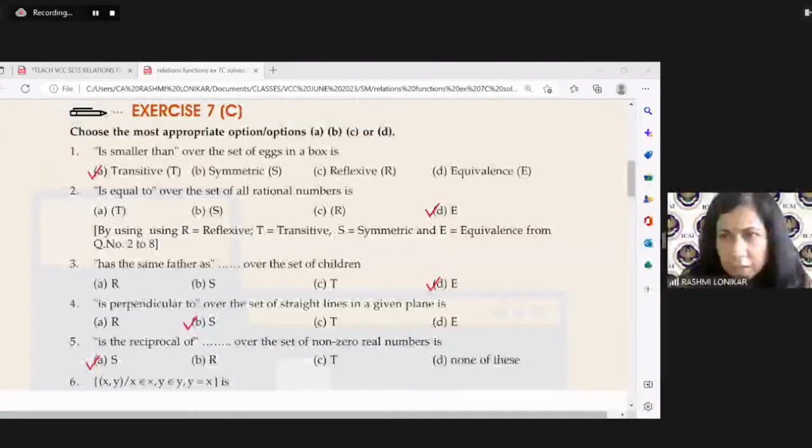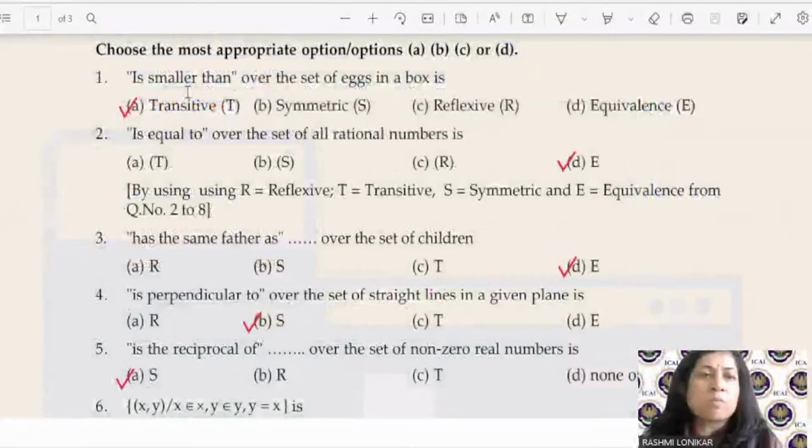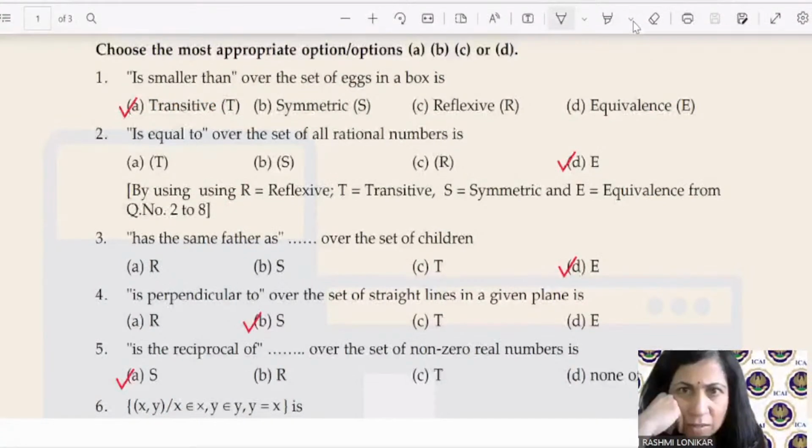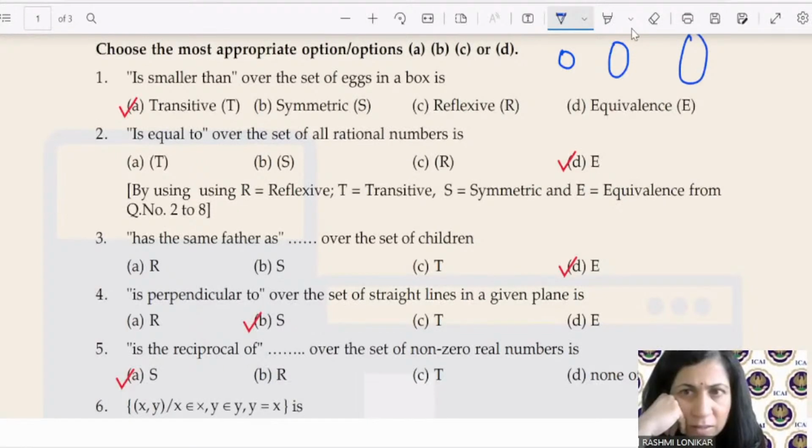Okay, this is exercise 7C. 'Is smaller than' over the set of x. Now I have this x, then this x, and then this x. Is x smaller than itself? No. So is it reflexive? It is not reflexive. Is it symmetric? And whether it is transitive.